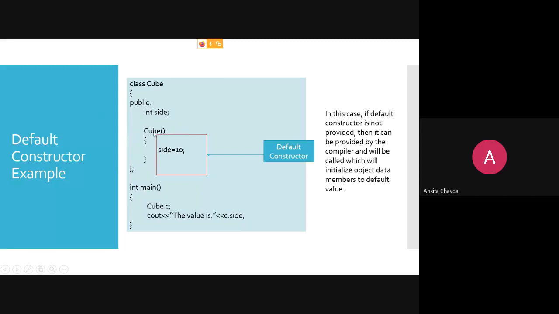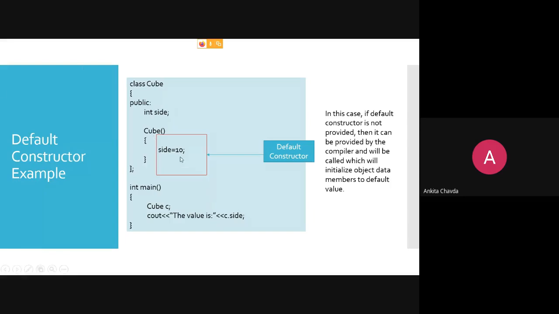Here it is not written as void Cube. You don't have to write any return type, void, integer, float, character, boolean. No return type for the constructor. And your constructor name would be the same as your class name. So if you have taken Cube, here also you are writing Cube, because this is your constructor, and the constructor name would be the same as your class name.